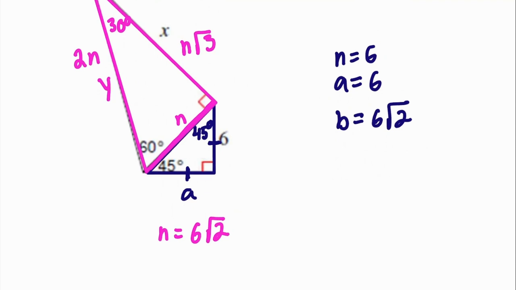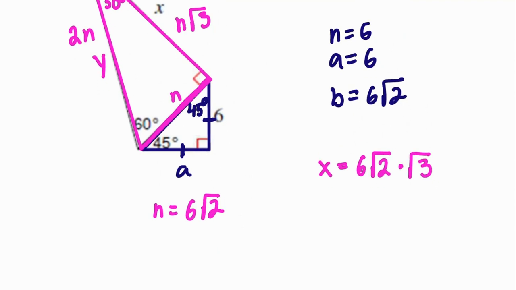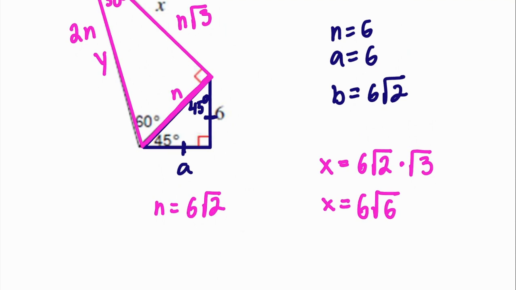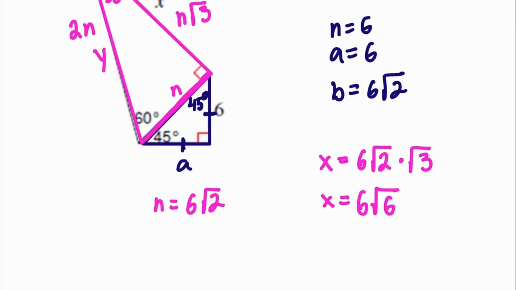So to find x, we need to take that 6 square root 2 and multiply it by the square root of 3. So that's going to give us, again, we'll multiply what's inside by what's inside. So 2 times 3 is going to give us 6. So we'll get 6 square root 6 for that. And then to find y, we'll go back and we're multiplying 2 times that n, which is 6 square root 2.